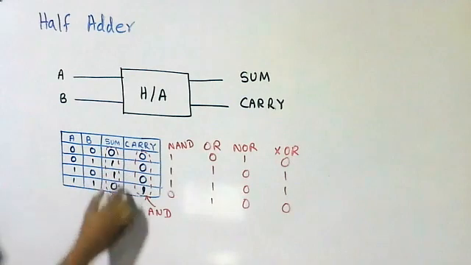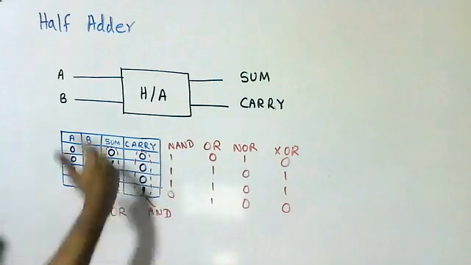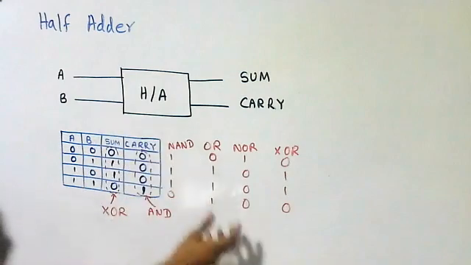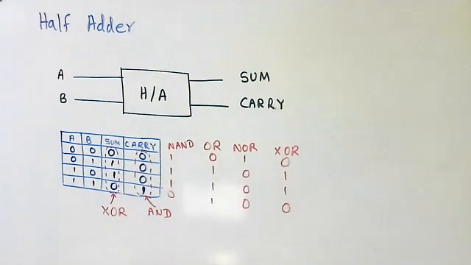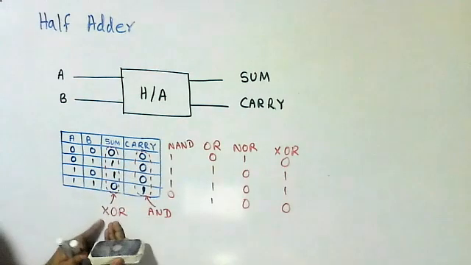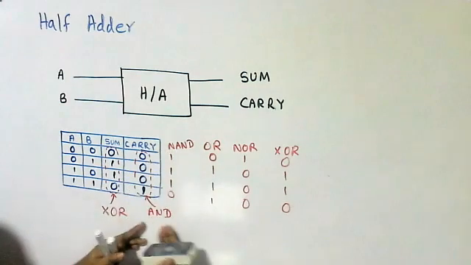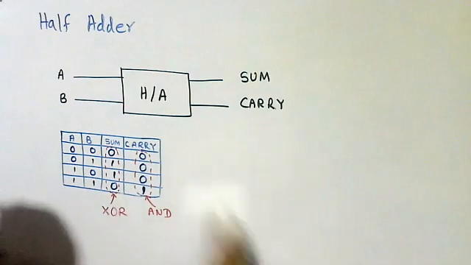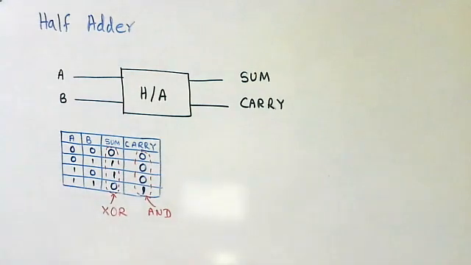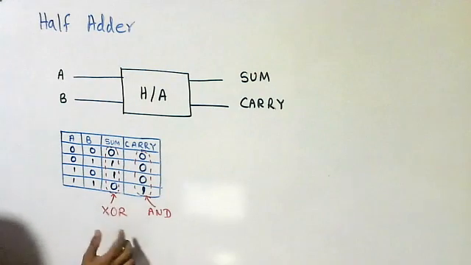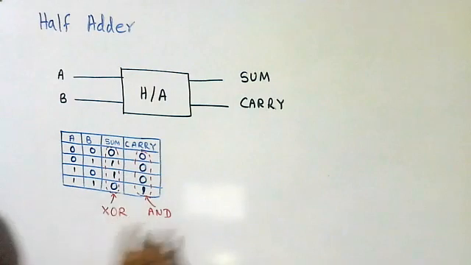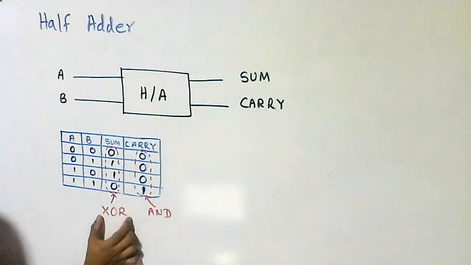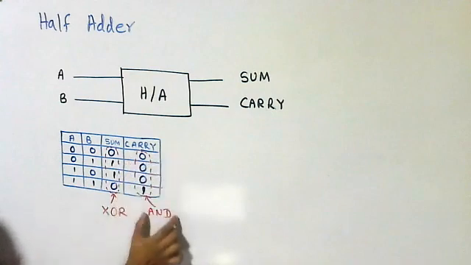By using those gates, you can identify what the gate is here. We could even go for a Karnaugh map, students, and find out, but there is no need. It is a long process. Easily we can identify by using this output. It is XOR gate, and by using this output, it is AND gate. NAND gate and NOR gate are universal logic gates. Here XOR gate, here AND gate.